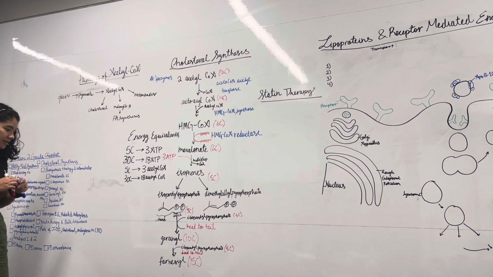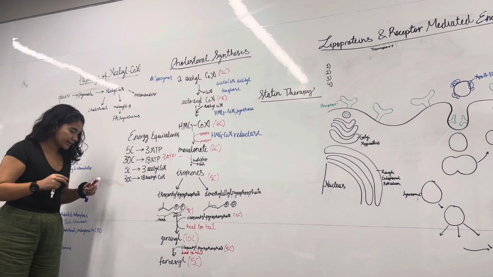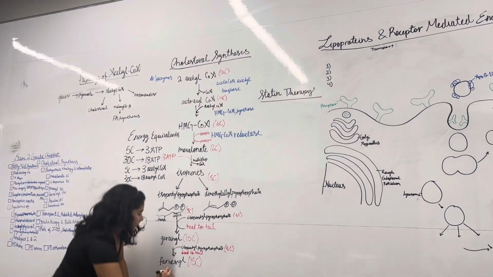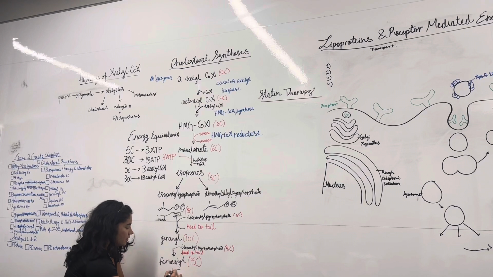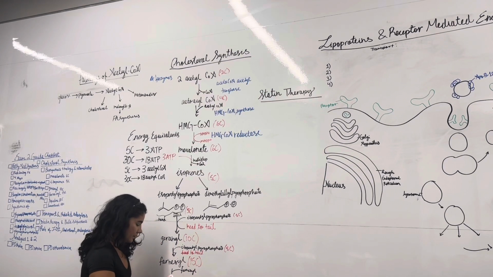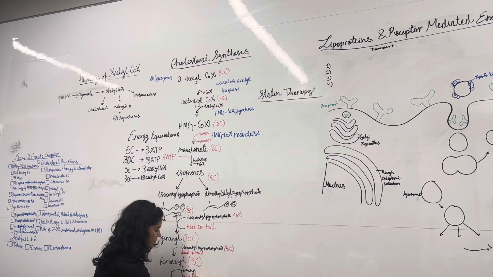And then from farnesyl, so we have a 15-carbon, right? We're gonna add another 15-carbon, and that's gonna create a 30-carbon. So we add another farnesyl molecule to this, and this one is a head-to-head mode of addition. Head to head.